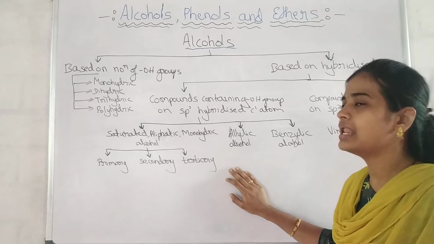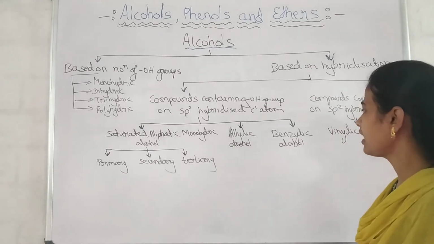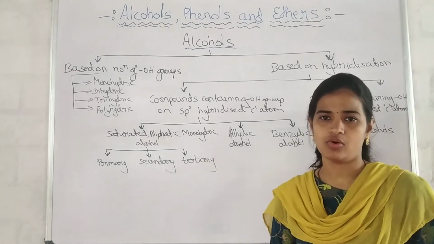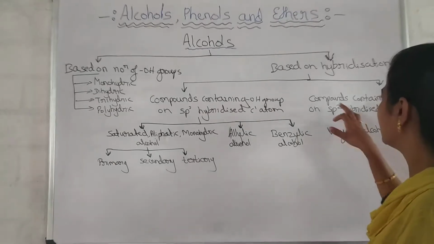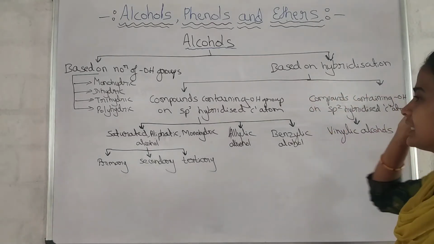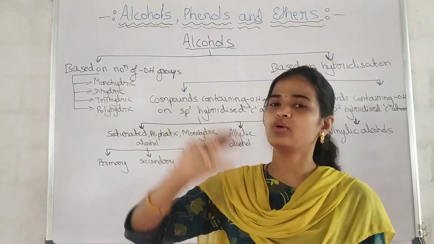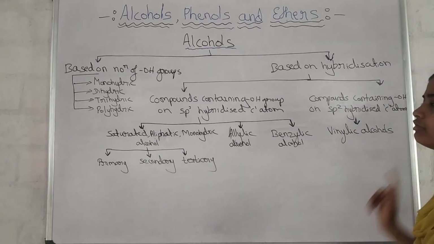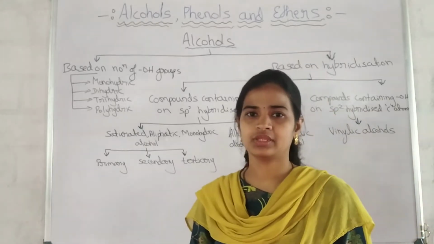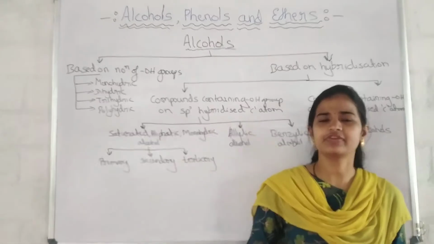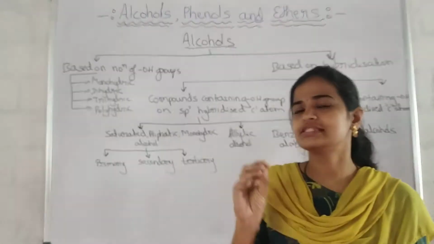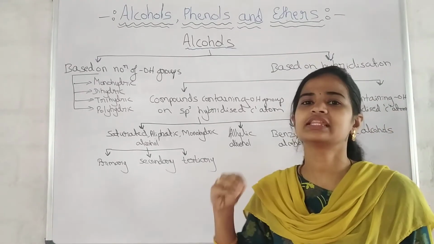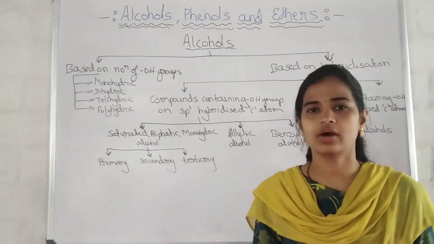And then allylic alcohols, and then benzylic alcohols. And if the carbon atom containing the OH group is sp2 hybridized, then those are vinylic alcohols. Yes, students, classification is very easy because in the same way we have studied the classification of haloalkanes and haloarenes.